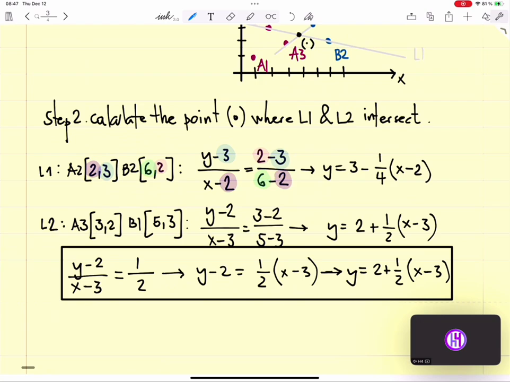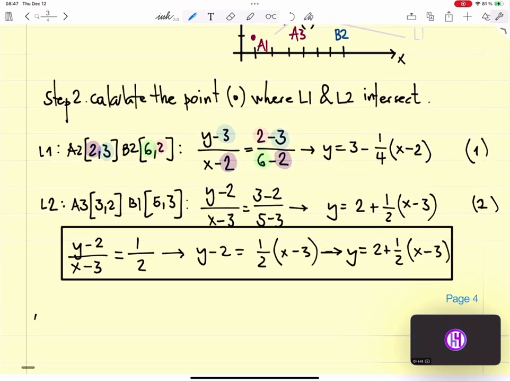Okay, so we have equation 1 and equation 2. If we say 1 minus 2, then we have y minus y is 0. 3 minus 1 divided by 4, x minus 2.